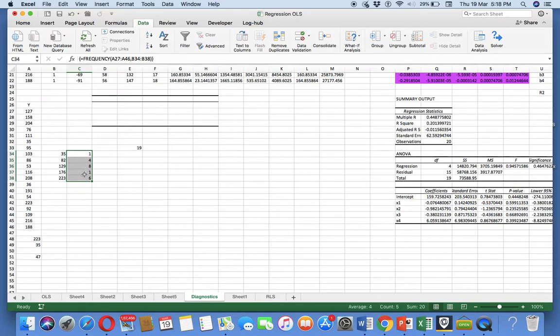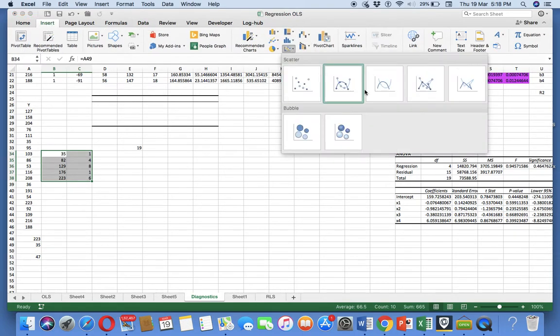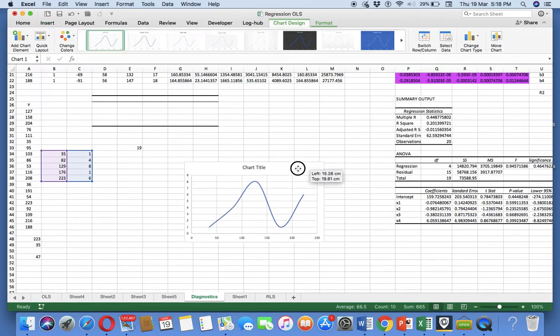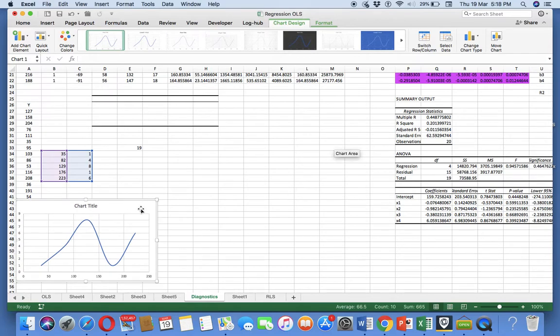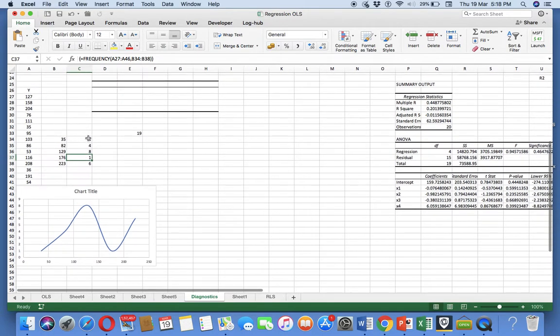It doesn't look very skewed. To get a plot of this data, I'll do an XY graph. It hardly looks normal. Oh, sorry, I made a mistake. Let me do it again.